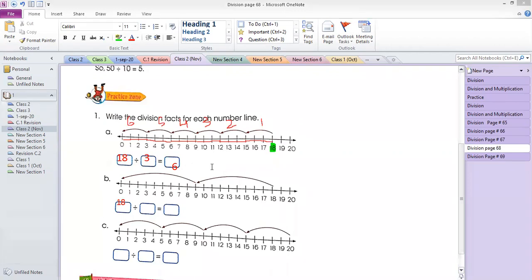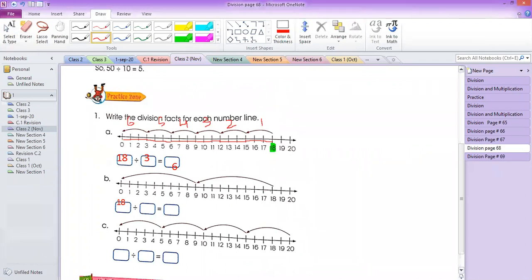So, guys, for the divisor, you need to check in one step how many numbers you count. Are you counting back in twos, in threes, in fours, in fives, in sevens, in tens? What number? So, this is 18.